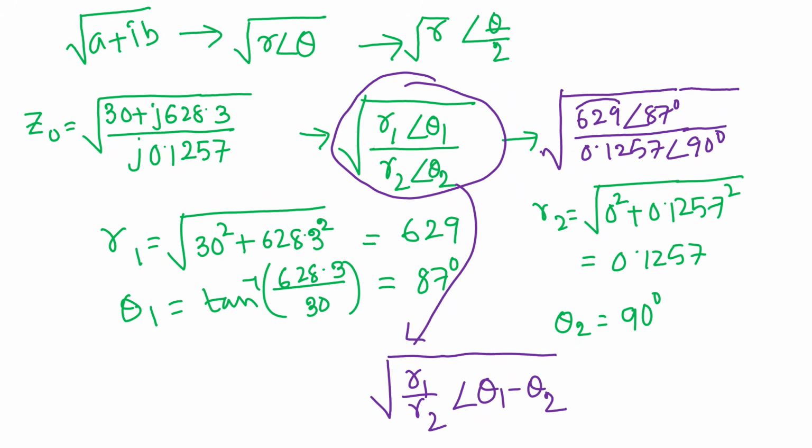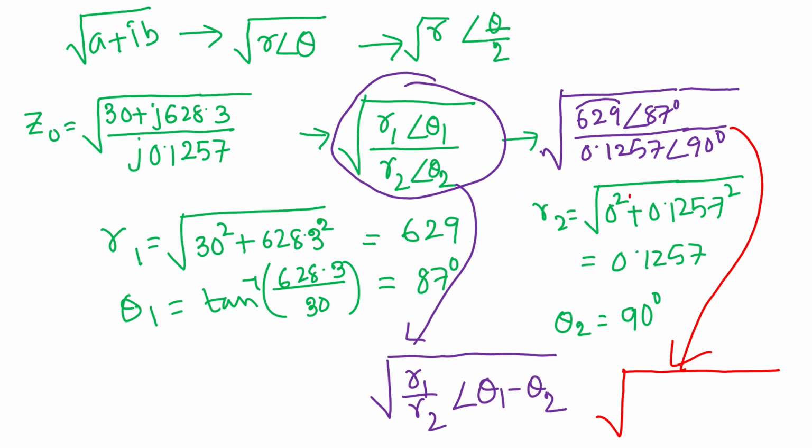We can apply the same concept here, and by applying it, this ratio reduces to 629 divided by 0.1257.